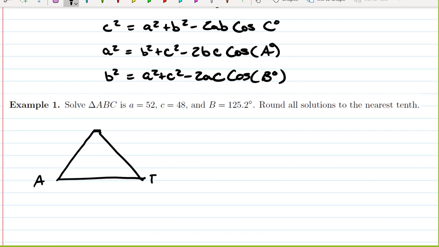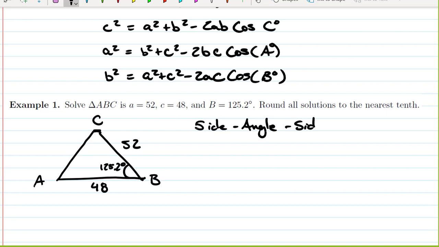We have our A, we have our B, and we have our C. We have side A is 52, we have side C is 48, and we have angle B is 125.2 degrees. So now we have side angle side this time. So this one is going to be SAS for our side angle side.